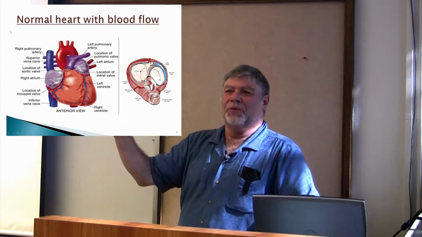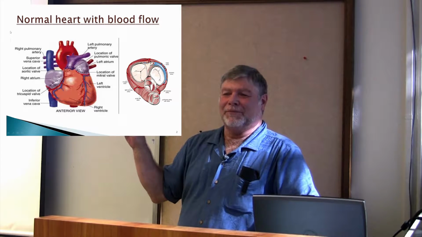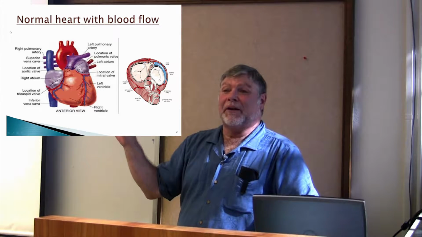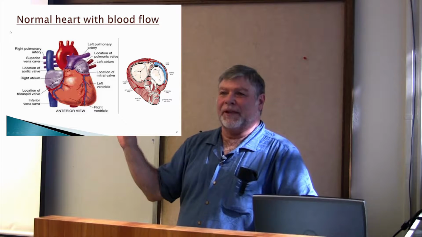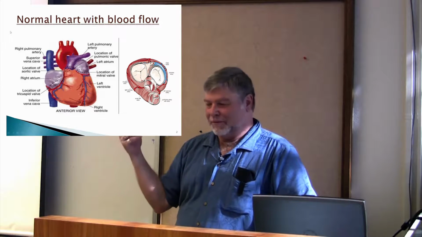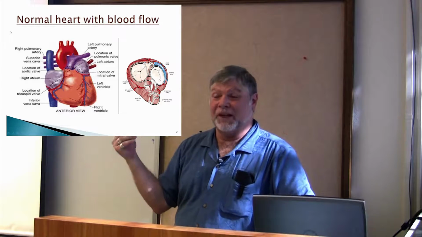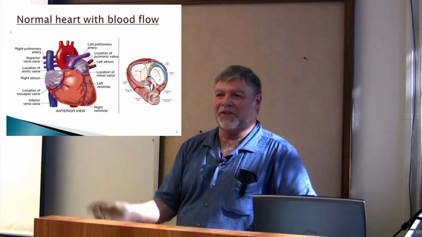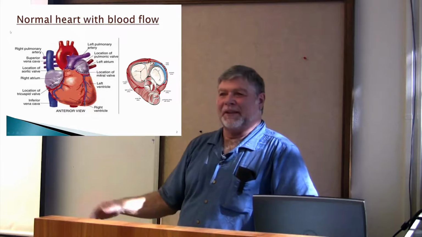And the pulmonary artery is the only one that carries blood that is deficient in oxygen. And the pulmonary vein is the only vein that carries oxygen-rich blood. Everybody else is doing what you normally expect.